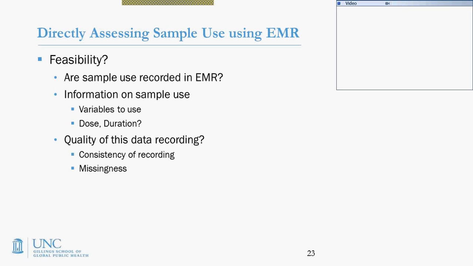I'm wondering whether you've thought about teasing this out. It's almost like a quasi-experimental situation where you have practices that just don't sample, and you would predict that you wouldn't see this phenomenon.